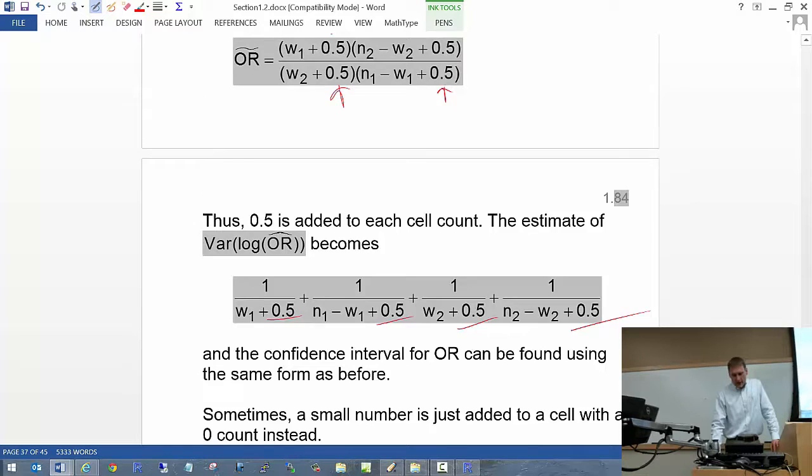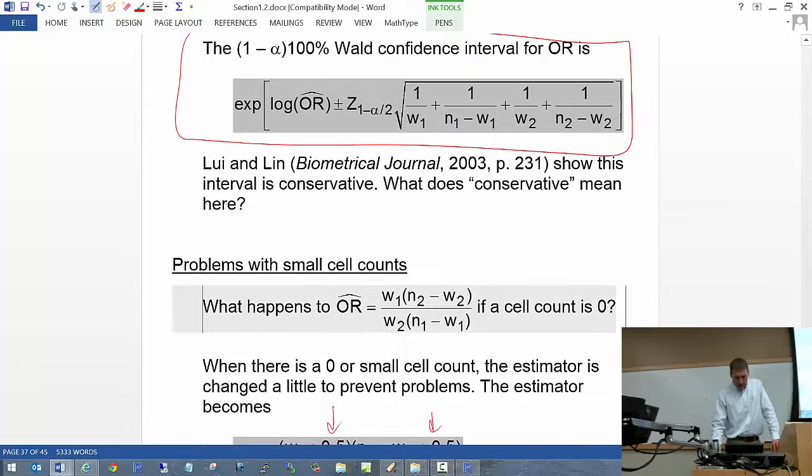And actually, in that same paper that I cited here, Louis and Lin, they showed that for some cases, always using this constant adding, even when you don't need it, actually ends up producing a better interval.